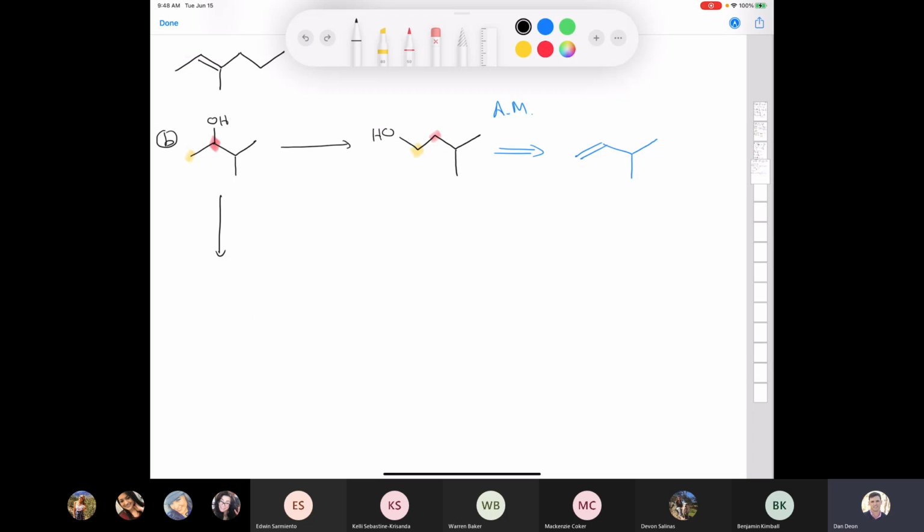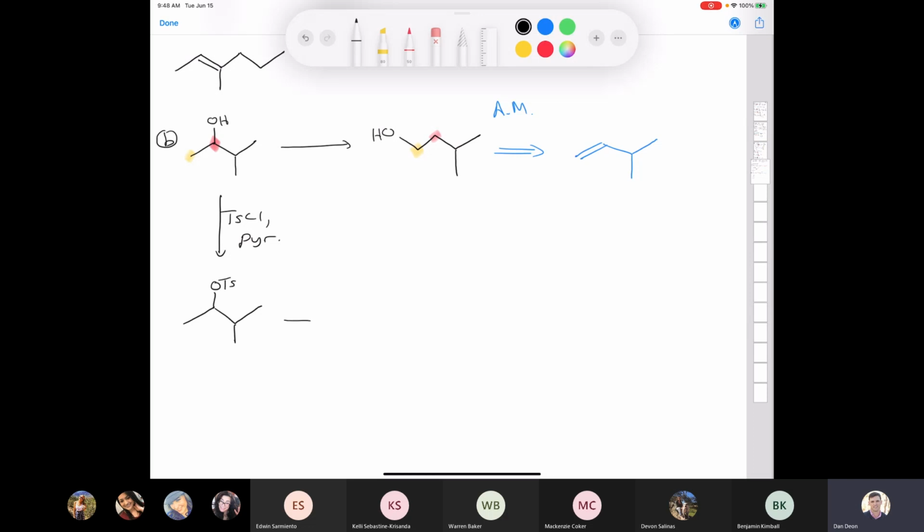And so if we want to make the Hofmann alkene, the first thing we need to do is convert the hydroxyl into a good leaving group. So I'll treat it with tosyl chloride and pyridine, and then I end up with a tosylate. A tosylate is just like as if you had a bromide or an iodide or a chloride.